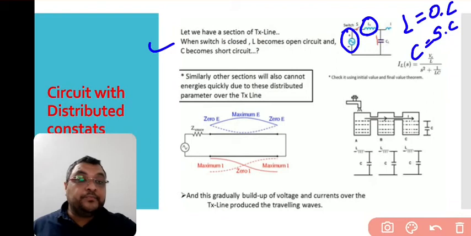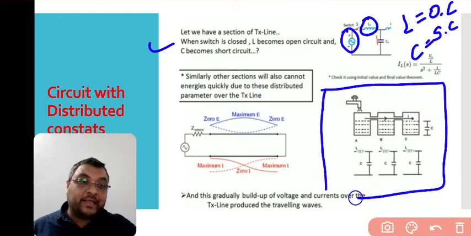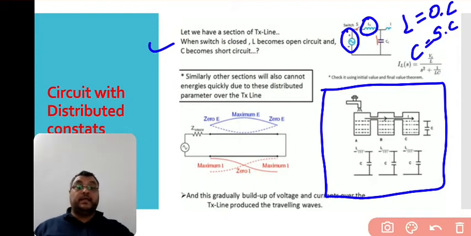Here one picture is given for a better understanding of the behavior of the transmission line when a generator or supply is connected to it. There is a water tank.